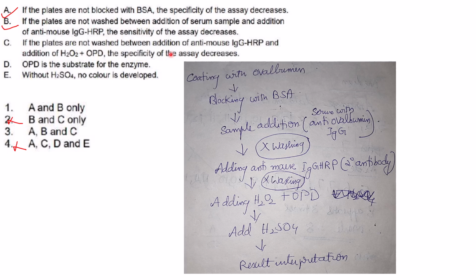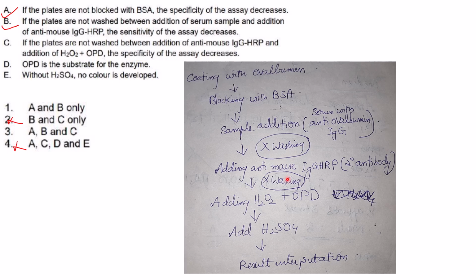So if the plates are not washed between addition of anti-mouse IgG HRP, that is over here, and the addition of H2O2 OPD, that is this washing step, the specificity of the assay decreases. Yes, that is also correct. This is because secondary antibody is designed to bind to the primary antibody, and if any unbound secondary antibody is remaining, then it will react with the substrate and it can result in false positive signal.